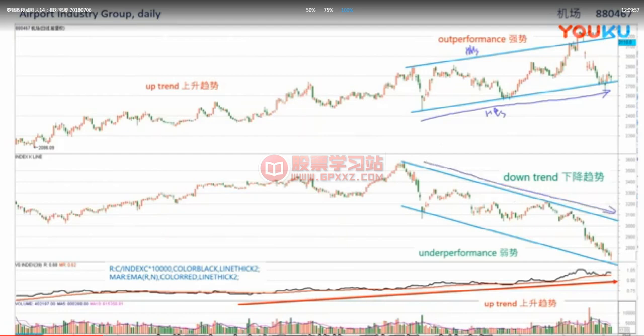The market is in a downtrend, where we are observing lower highs, lower lows. So the behavior of these two instruments is different. We're seeing that the airport industry group is definitely stronger relative to the index, and the index is relatively weaker.